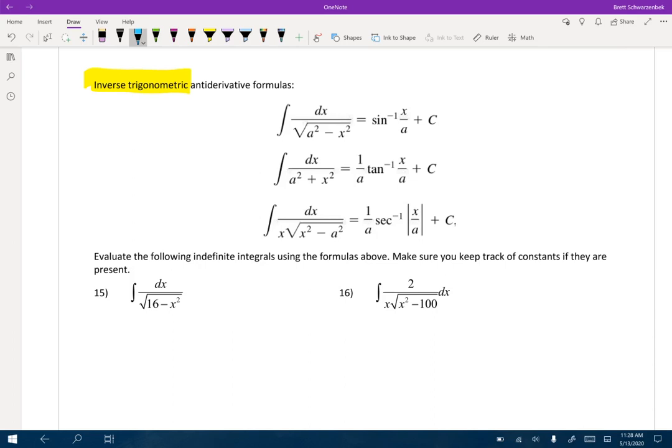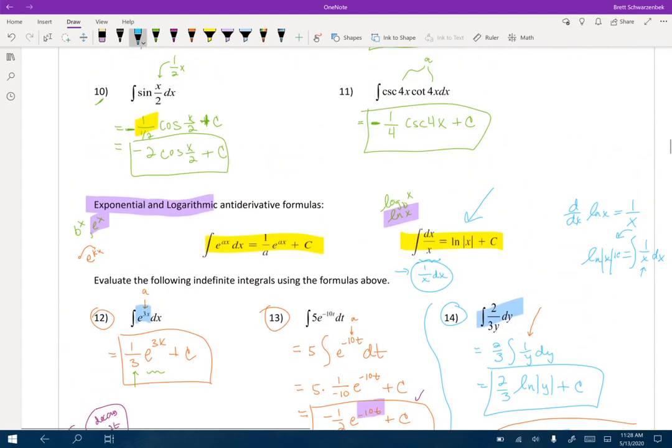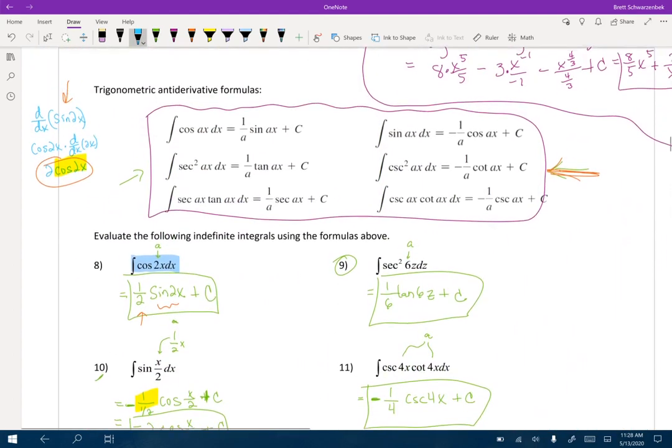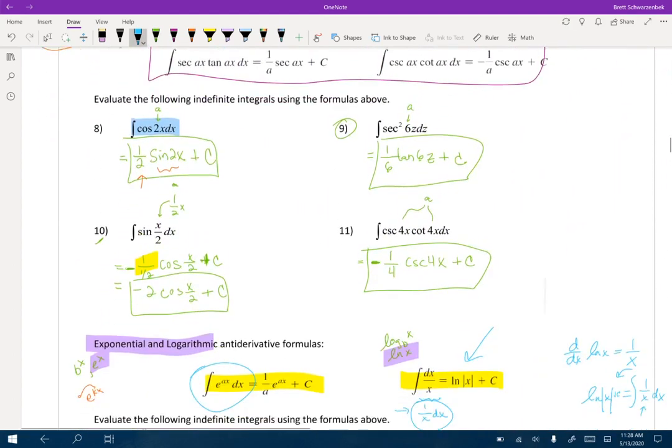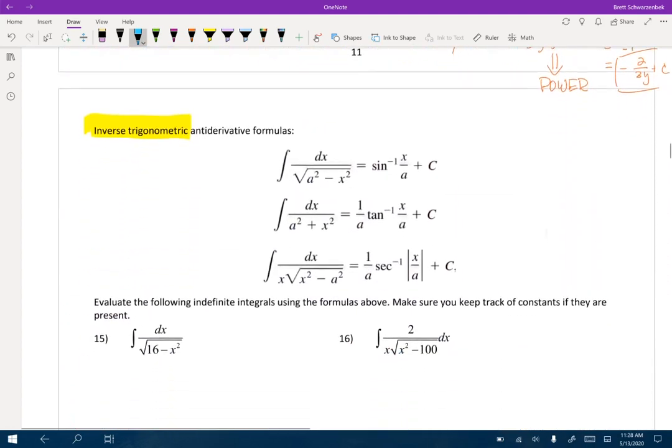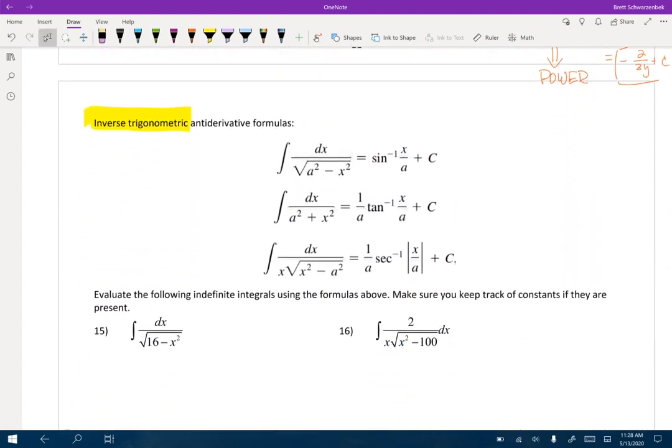So we now have to go back. But just like we did with the e and the trig functions, we're going to incorporate that variable a that helps us determine where some of these variables are going to go. And again, it helps undo some of the derivative rules we had before.